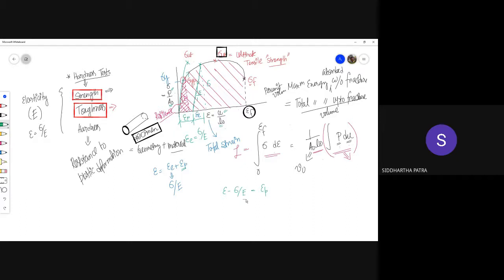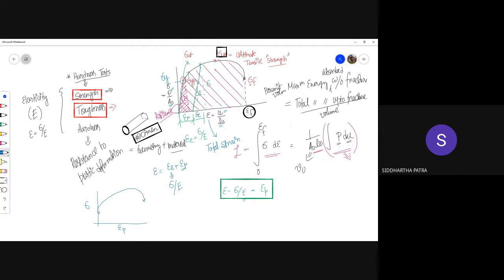And once you have the Young's modulus, you can get the plastic strain using this formula right here. And once you have the plastic strain, you can plot stress versus plastic strain, and that diagram looks something like this.